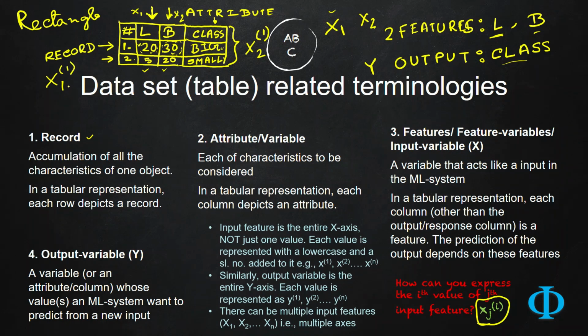So this index is basically the row number, and this index is basically the column number to do some operations. This is how we can easily denote, show, or access each of the data members in a table.